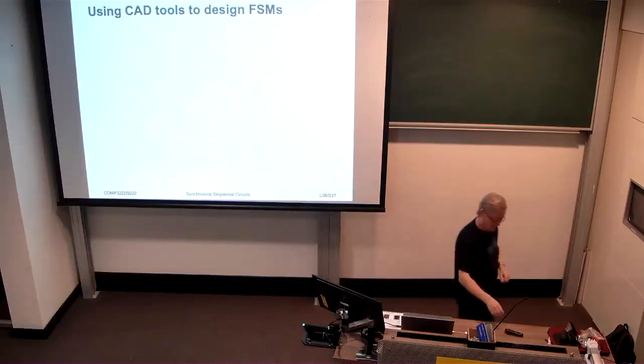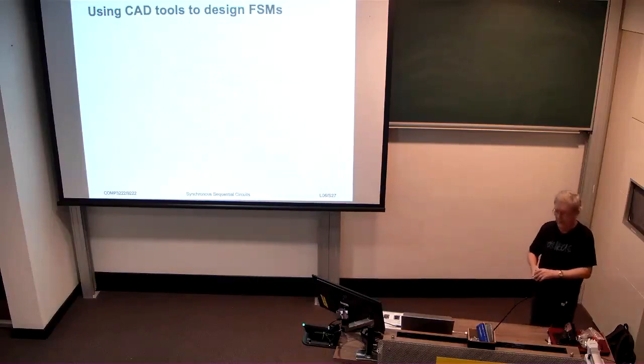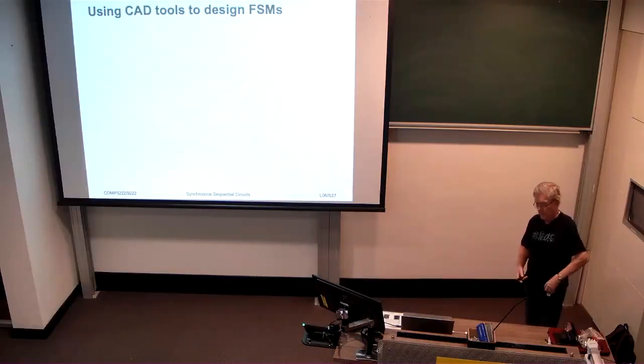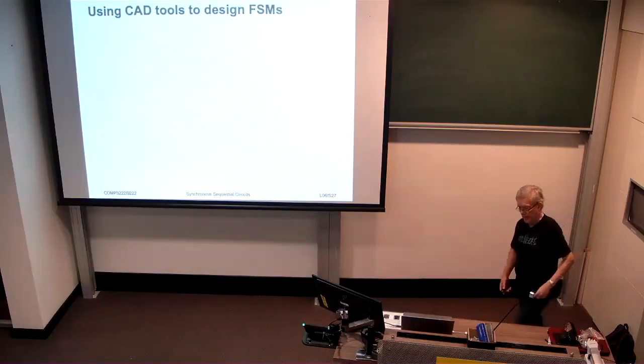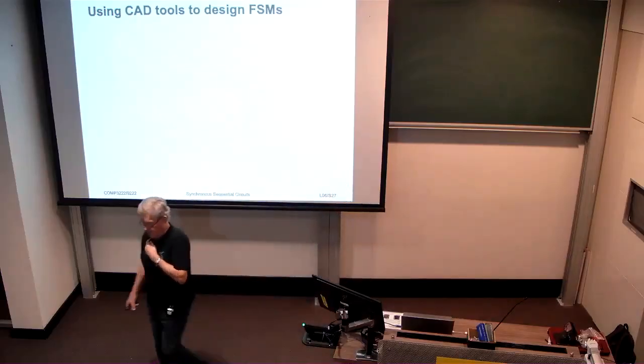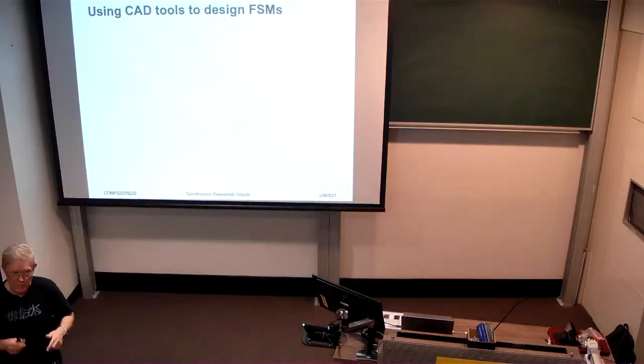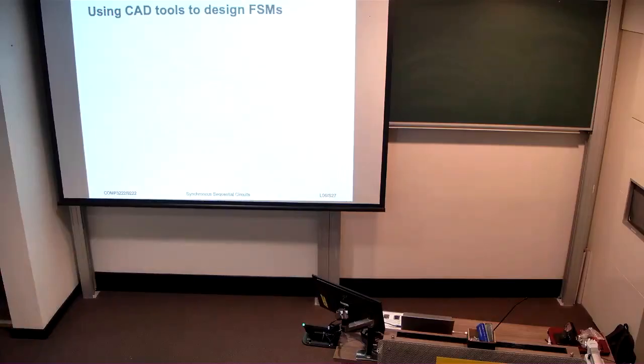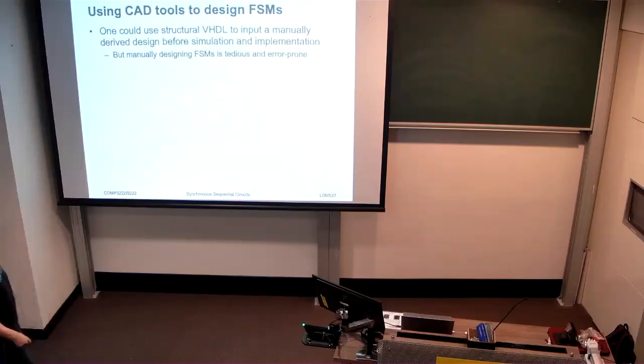All right, let's continue on. Right, so we've now seen both Moore and Mealy versions of the circuit that we took upon ourselves to design. So how do we use CAD tools to design finite state machines?